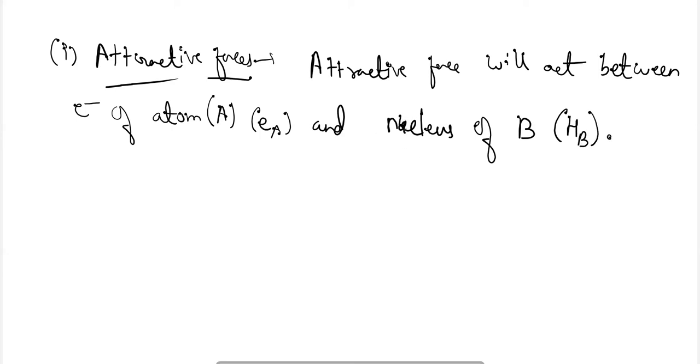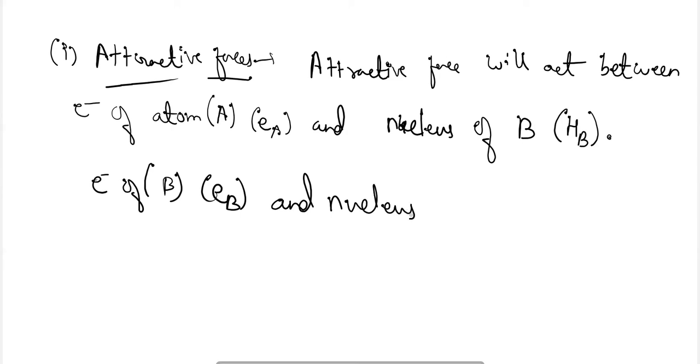Due to the presence of opposite charge between the nucleus of B and the electrons of A, they will possess an attractive force there. Similarly, the electron of B, that is EB, will possess an attractive force with the nucleus of A due to the presence of opposite charge.